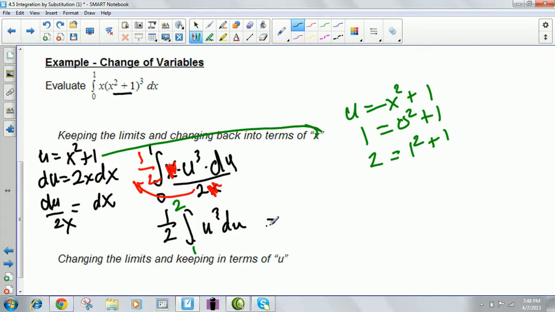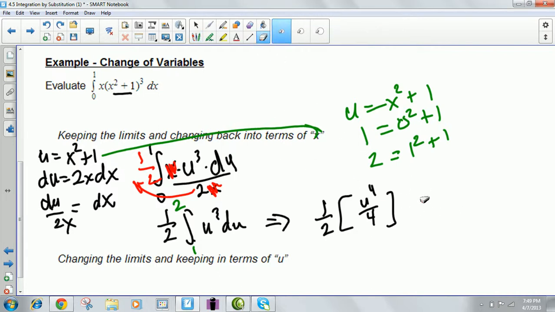So when we integrate u to the third, the 1/2 stays out there, and that gives you u to the fourth over 4. Then when we simplify this, actually no, there's no plus c, my bad, got distracted here, my dog just walked into the room. She's got the runs, gotta watch out for that.